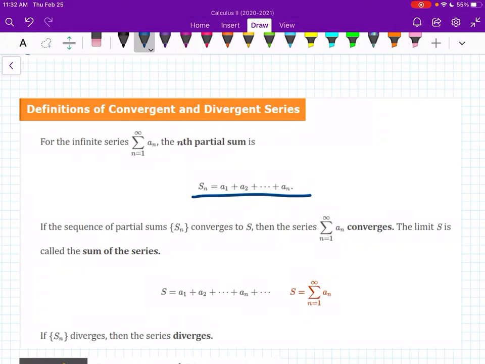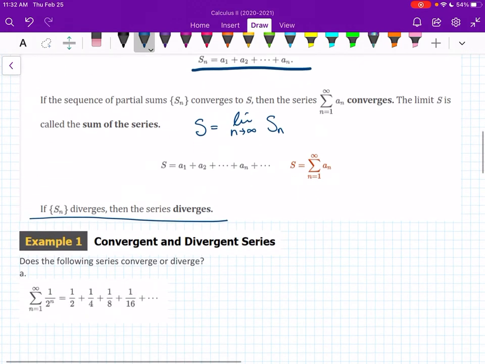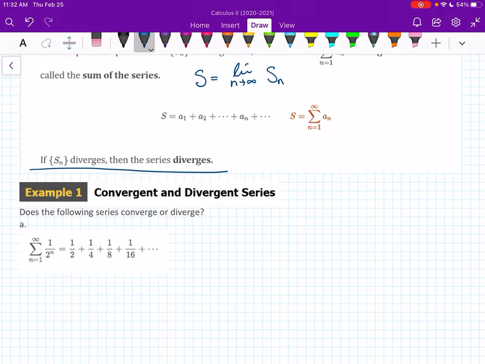And that limit is called the sum of the series. So remember that S is the limit as n goes to infinity of my partial sums, S sub n, okay? And so that's going to be what we're looking at. But if my limit of those partial sums doesn't exist, then I have a series that diverges. All right, so let's look at some examples.